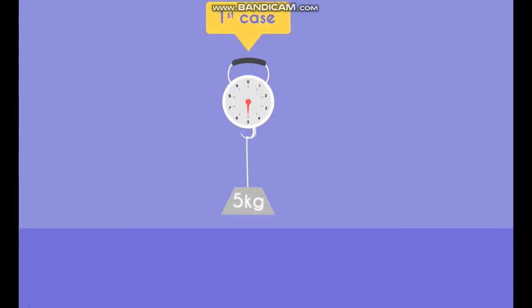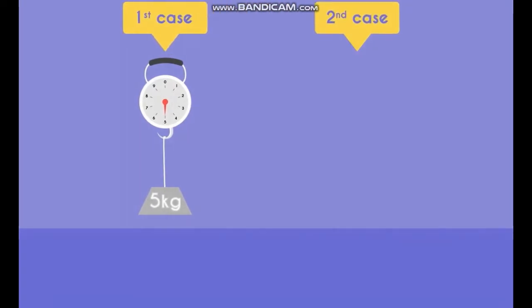For the second case, take a beaker of water which has a small opening at the top. The water in the beaker is filled right up to the opening, and we keep a small container under the opening.